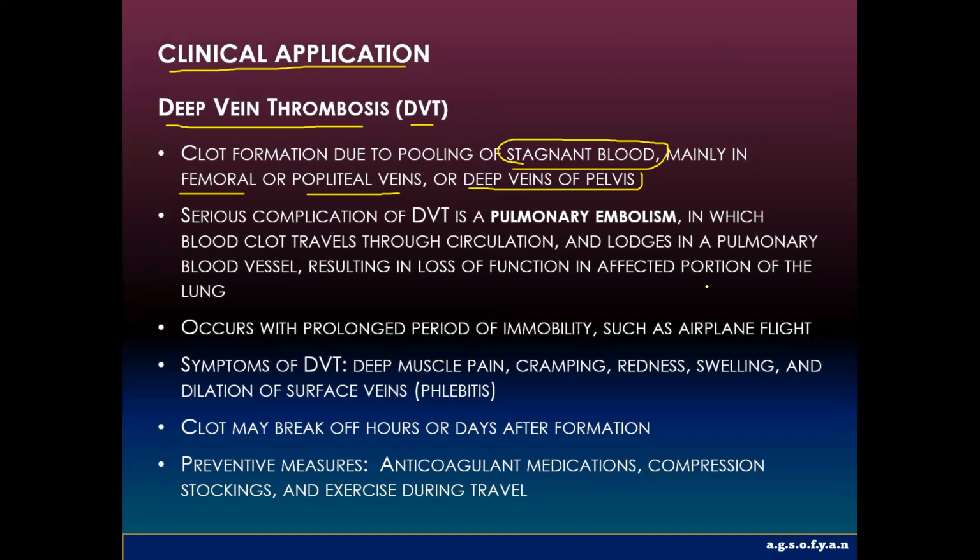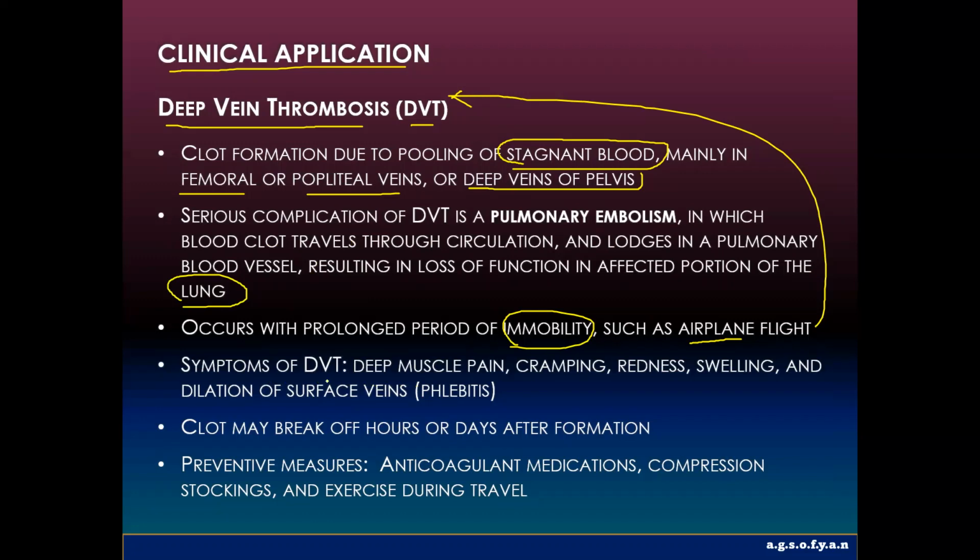Sometimes it's caused by immobility, for example, if we travel by airplane and just sit down for a long time, it can cause this condition, deep vein thrombosis. So the blood actually clots in this area. Sometimes that clot, which is the embolus, can travel to other places. It's called embolism. For example, if it goes to the lung, it can cause pulmonary embolism.